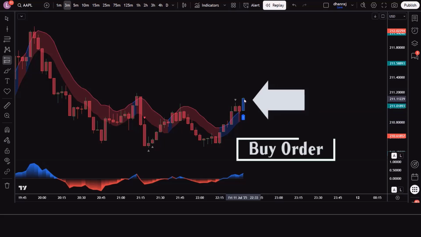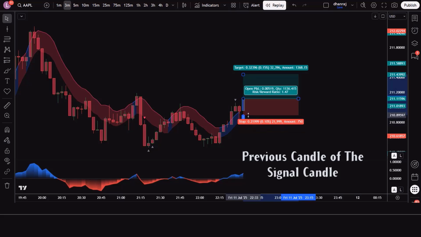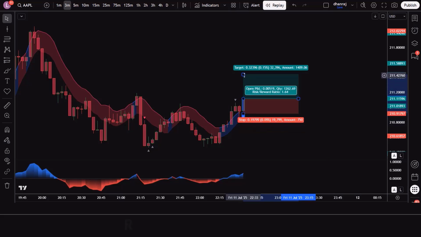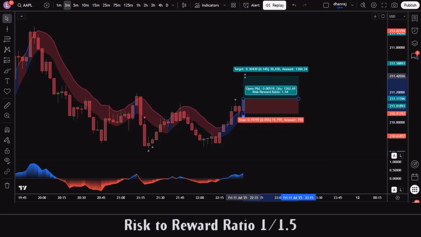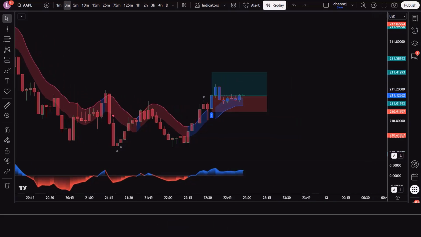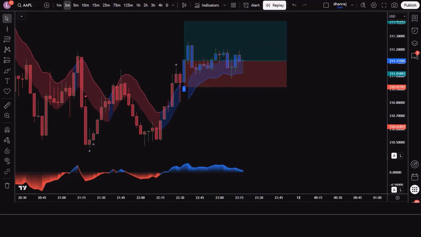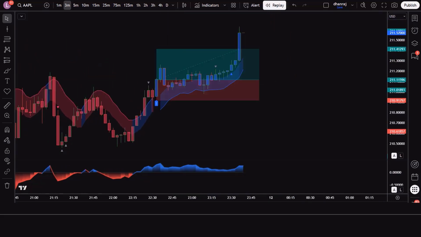So all our conditions are being fulfilled, so we are placing an order to buy. Our stop loss is to be placed at the previous candle of the signal candle. And the risk to reward ratio will be 1:1.5. Let's see what happens to our trade. We have won the trade.